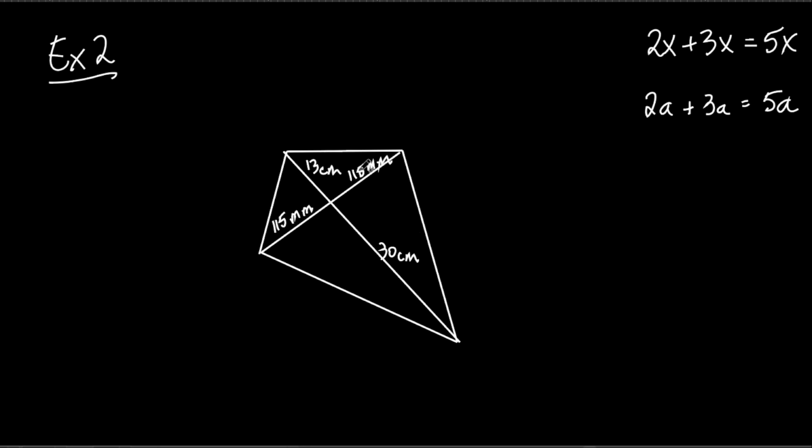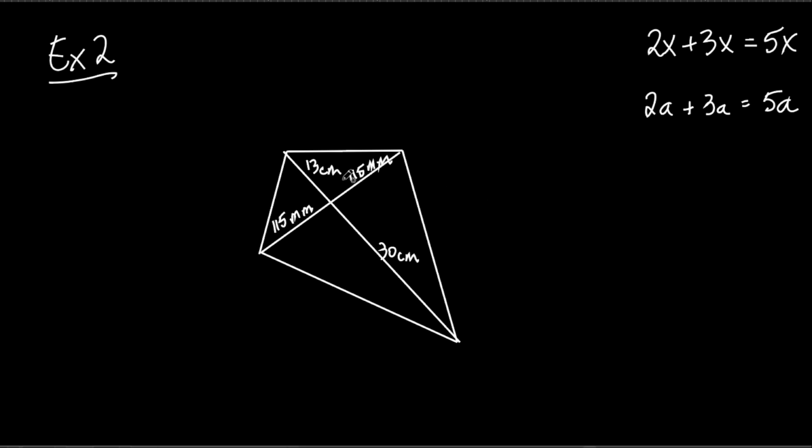You have centimeters and millimeters. So the rule of thumb is that whatever the largest unit is, let's make it that unit. So what is the largest unit? Is it millimeters or centimeters? Centimeters. So we're going to change this to centimeters. That's the rule of thumb if they don't tell you. But you have to look at the problem. They could tell you specifically to write your answer in millimeters or in centimeters. But they don't on this one, so we'll write it in centimeters, because I think that's what they do in the book anyway.